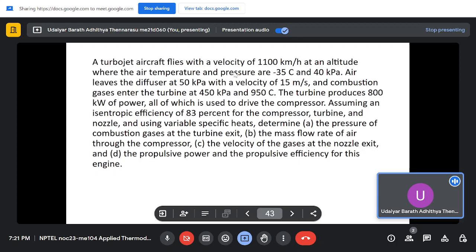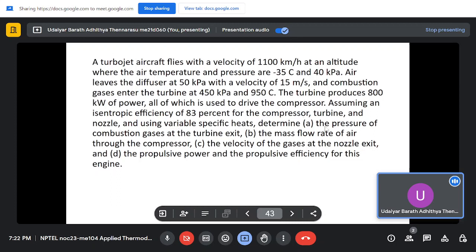In the previous week's problems, most of it was done using the tables. Till now, we assumed that the air is ideal and the specific heat is constant, not varying with temperature. That's not the case here, as you have specified using variable specific heats.